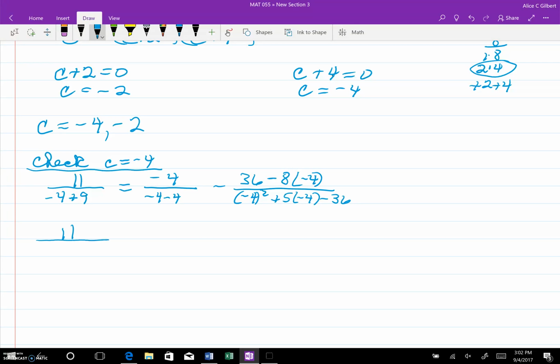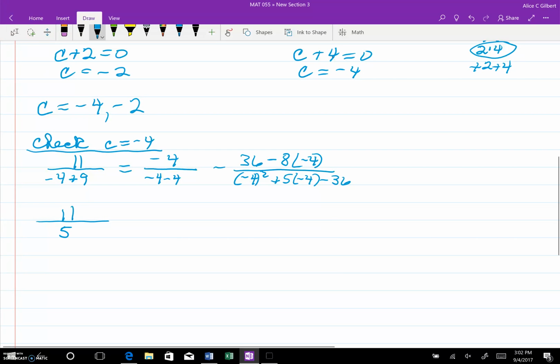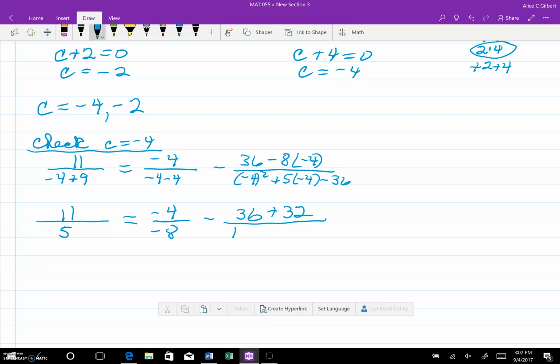Now, remember when you're checking, never ever go back and forth across the equal sign. Only do all the calculations down one side and all the calculations down the other side until you're completely done. And then that's 16 minus 20.